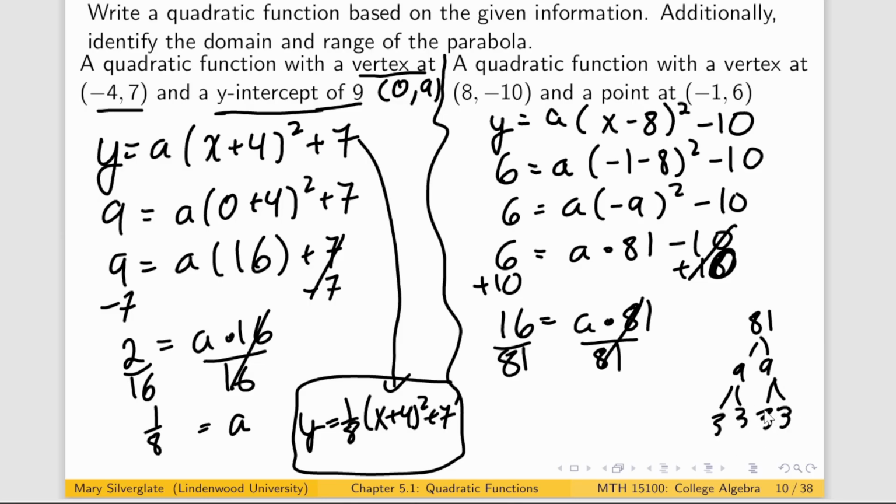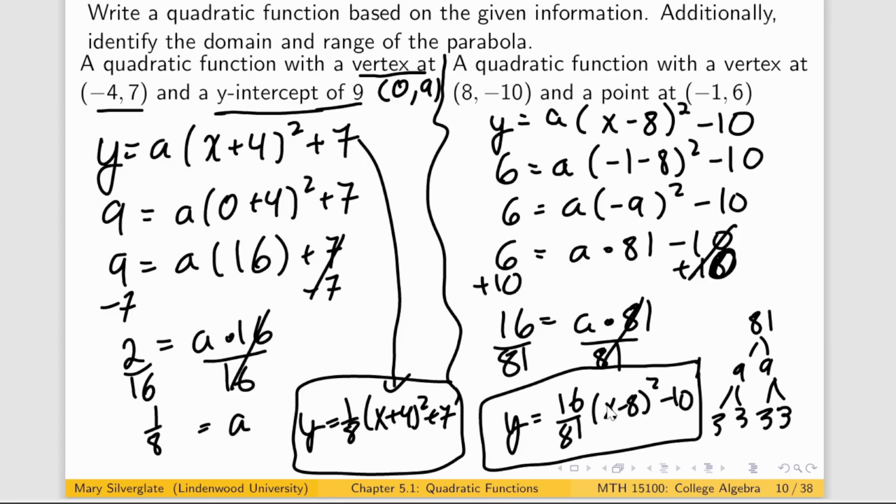We also could have 3 times 27. We could have 1 times 81, but none of those are things that go into 16. So this is just going to be a funky fraction, and that's okay. We'll have y equals 16 over 81 times x minus 8 all squared minus 10, and that would be our final beautiful answer.